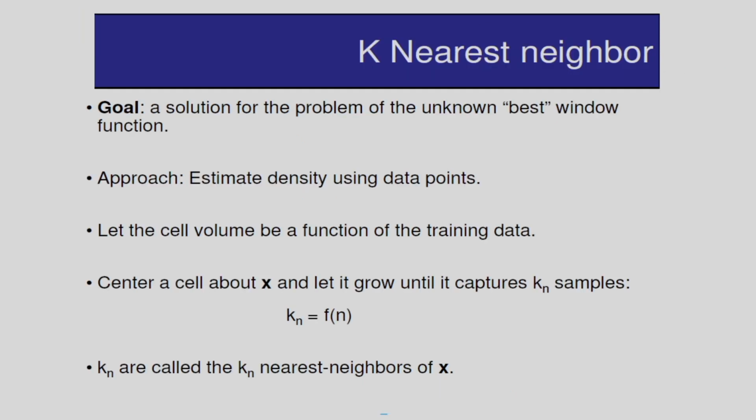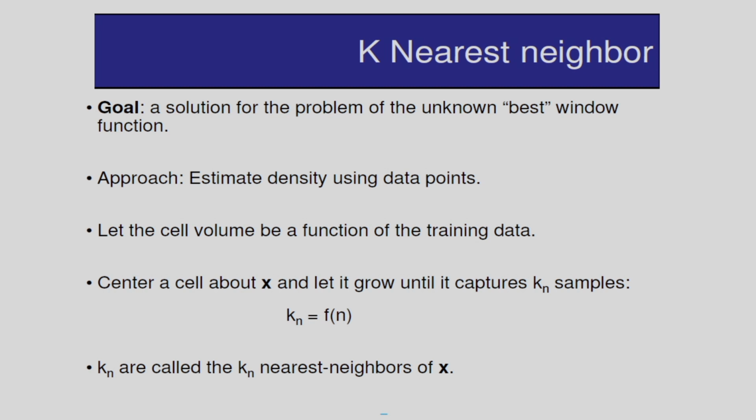Now, let us consider the k nearest neighbor technique. In this case we have to estimate the density using the data points, and let us consider the cell volume to be a function of the training data. We center a cell about x, and let it grow until it captures Kn number of samples. So, here you can see the cell volume is a function of the training data.